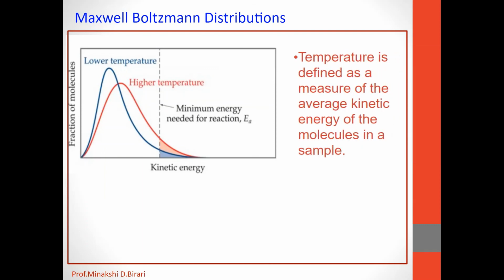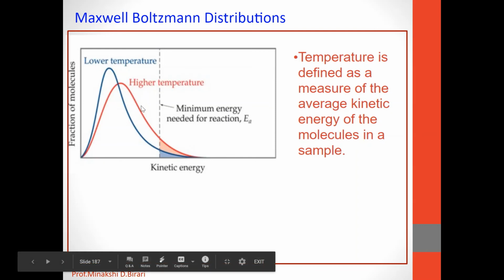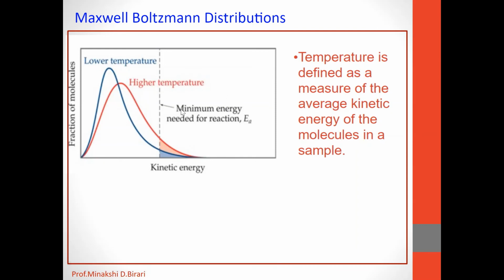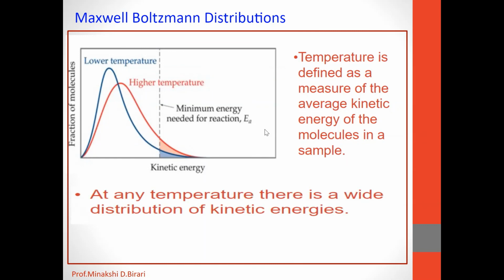The temperature is defined as the measure of the average kinetic energy of the molecules in a sample. So, it can be explained by using this graph. The minimum energy which is needed for the reaction is called the activation energy. At any temperature, there is a wide distribution of kinetic energies.